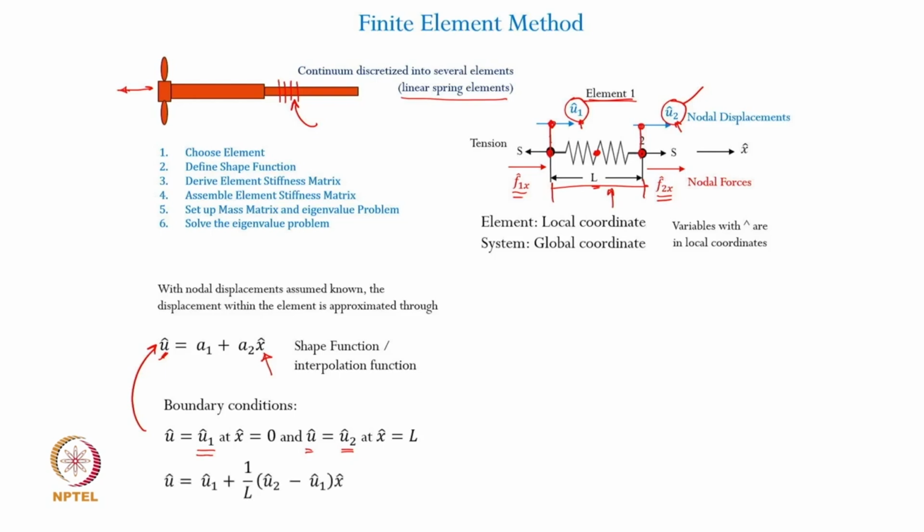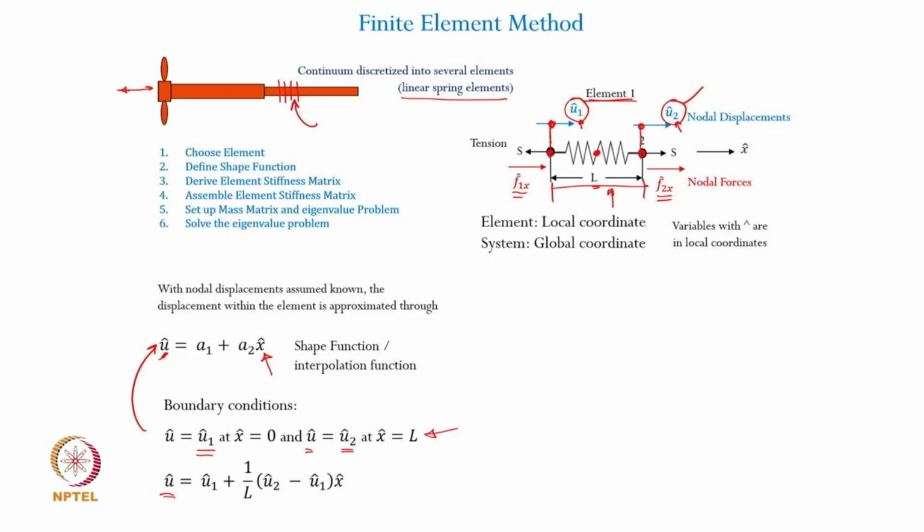Once you put these boundary conditions, it is quite straightforward to express this u cap as a function of x cap in this form. Here a1, by substituting this, will turn out to be u1 cap, which is quite simple, you can try it out yourself, and a2 will be 1 by L times u2 cap minus u1 cap.